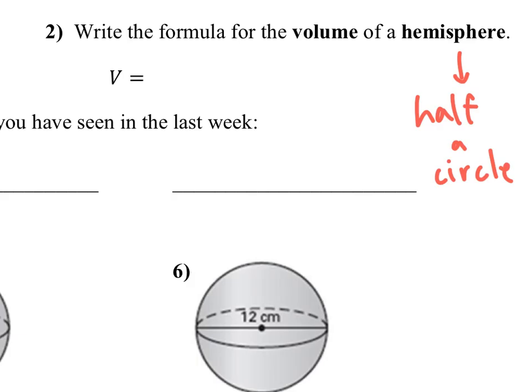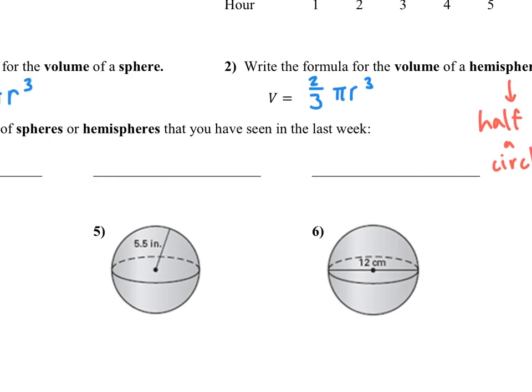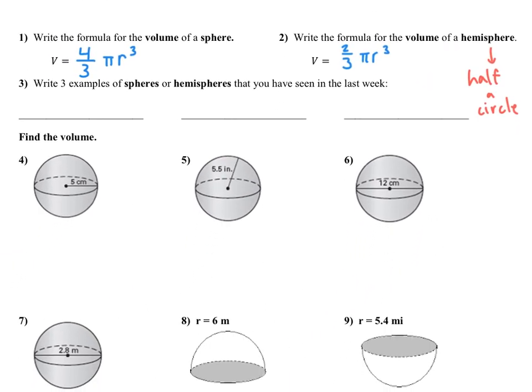Dividing it by 2 changes 4/3 into 2/3, and then pi r cubed stays the same. Either way, that'll give you the exact same answer. This is just what the formula looks like when you do the division by 2 first: 2/3 pi r cubed. So let's do just a couple problems, and that should be good for this week.